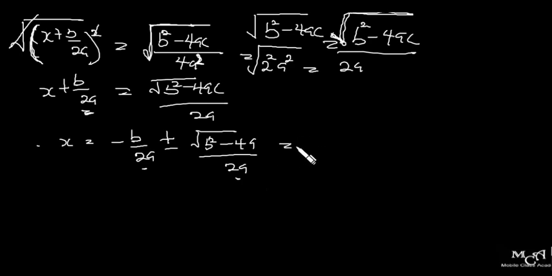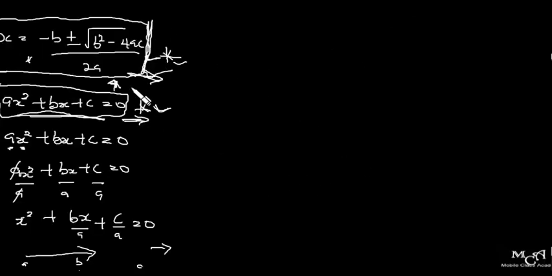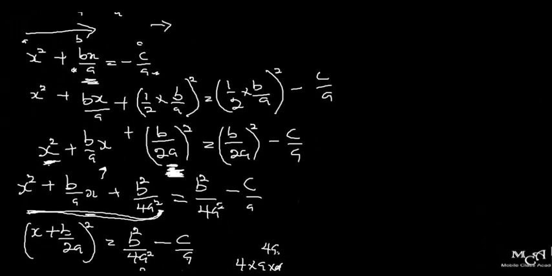Therefore, our x is going to be minus b plus or minus the square root of b squared minus 4ac, all over 2a. Because of this common base, 2a is here, 2a is here. That's why we use the common base. So we derived this equation to get this formula, and these are the steps taken. Can you see? These are the steps taken.